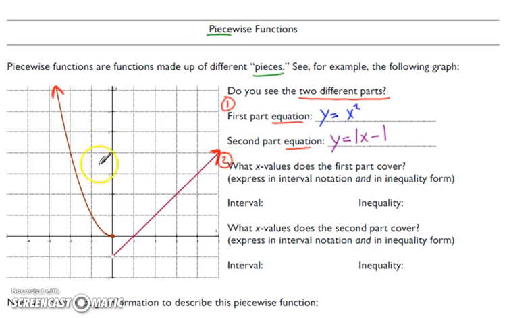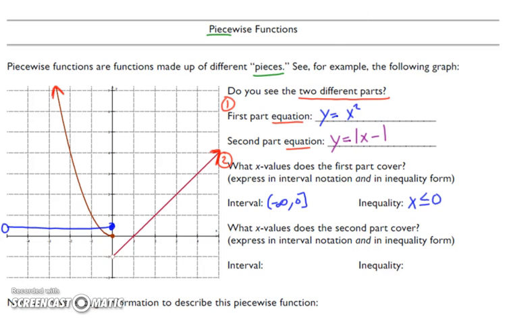So if that's the case, then what x values does this go? What would it cover? So it would cover from negative infinity all the way up here to 0, and notice that's a filled in dot, so including 0. Interval notation, that would be negative infinity to 0, square bracket. If I write that as an inequality, that would be my x values, where x is less than or equal to 0.